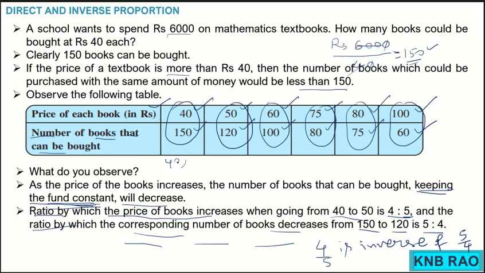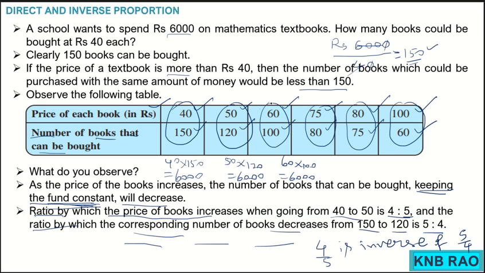Here 40 into 150 gives 6,000, 50 into 120 gives 6,000, 60 into 100 gives 6,000. So, keeping the fund constant, that rupees 6,000 is coming as constant.